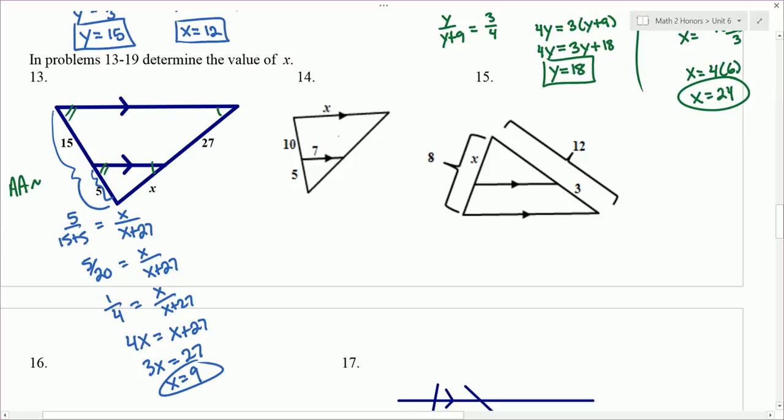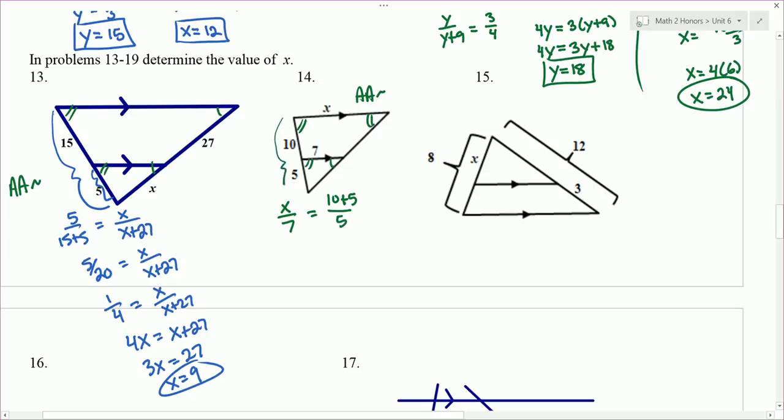The next one, again, for the same reason, corresponding angles are congruent, so we have angle-angle similarity, and so we can set up a proportion. X to 7, that's big triangle to small triangle, is equal to, so big would be 10 plus 5 to 5.